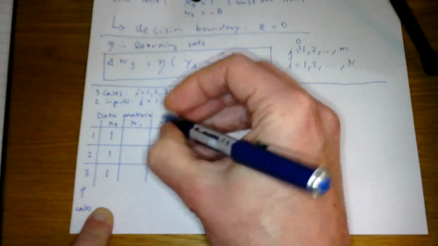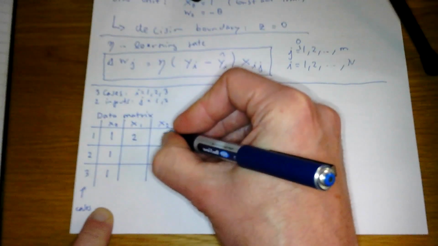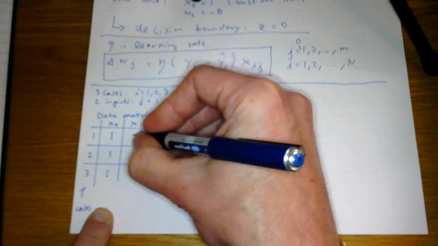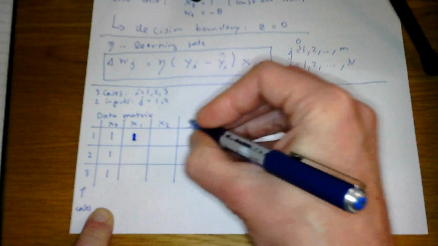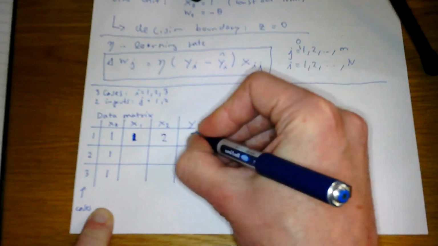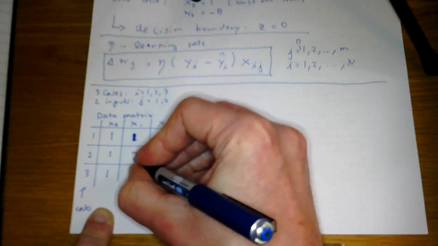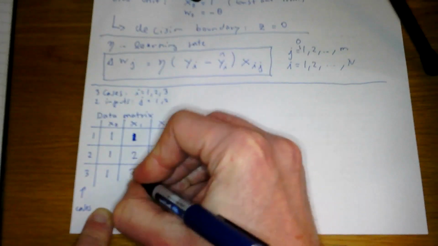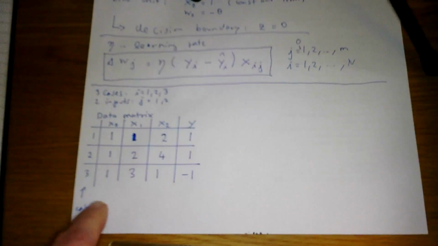The first observation has a value of 1 in x1 and a value of 2 in x2, and we have a +1. Then we have a 2 and a 4, and a +1, and a 3 and a 1, and here we have a -1. This is honestly arbitrary, it doesn't really matter.